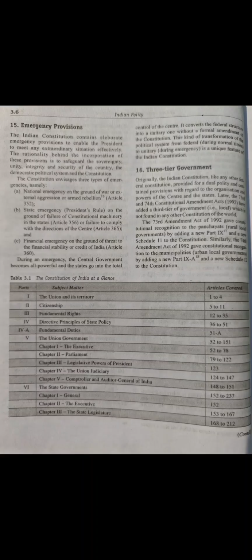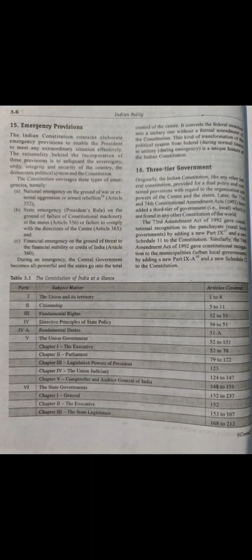The Indian Constitution contains elaborate emergency provisions to enable the President to meet any extraordinary situation effectively. The rationale behind the incorporation of these provisions is to safeguard the sovereignty, unity, integrity, and security of the country, the democratic political system, and the Constitution.